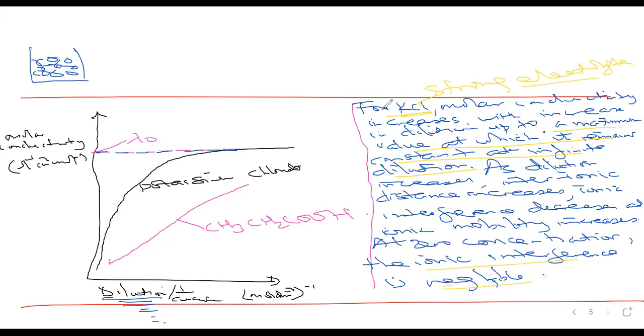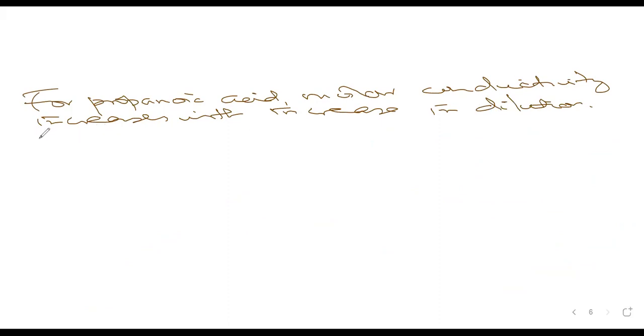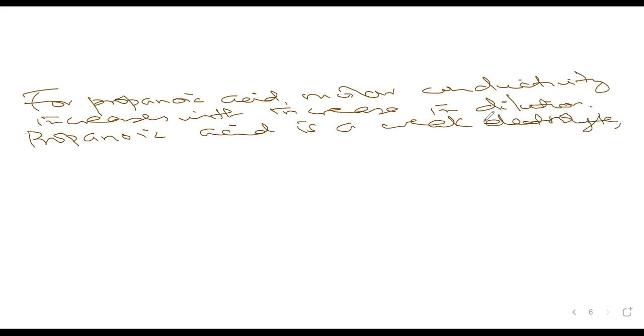Then how about for ethanoic acid? I mean propanoic acid. So for propanoic acid, still the same trend. Molar conductivity increases with increase in dilution. Why does it increase with increase in dilution? Tell us that propanoic acid is a weak electrolyte. And so what?